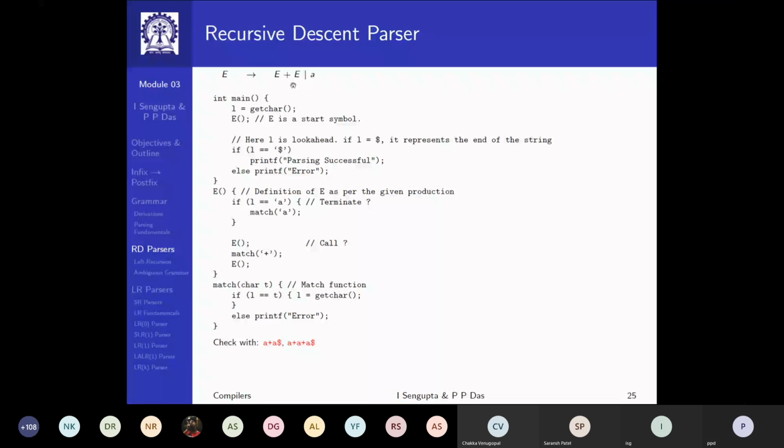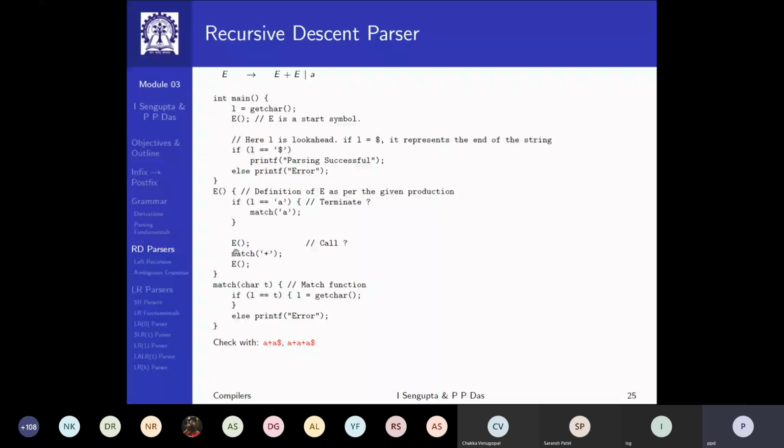Now is the big question. The question is, how do I know whether this A is actually the terminating A which is produced by the second production, or I must recur with the first production?